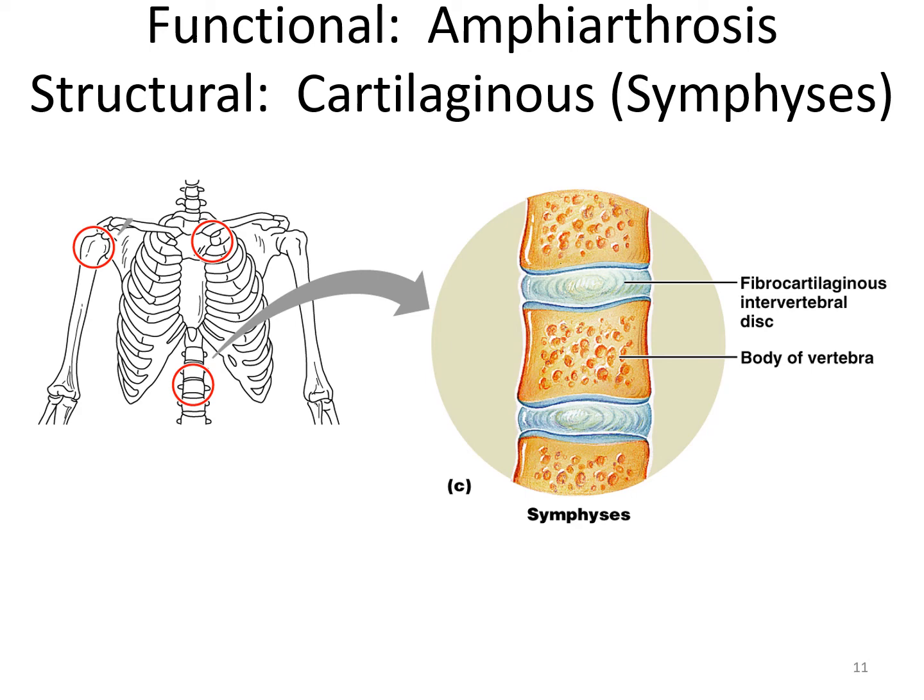The vertebrae of your back are layers of intervertebral discs made of cartilage and bone. So that repetitive structure is what we think of functionally as an amphiarthrosis and structurally as a cartilaginous joint. So this picture here shows a couple of other places of the body that you may find that, including that set of discs in the back.